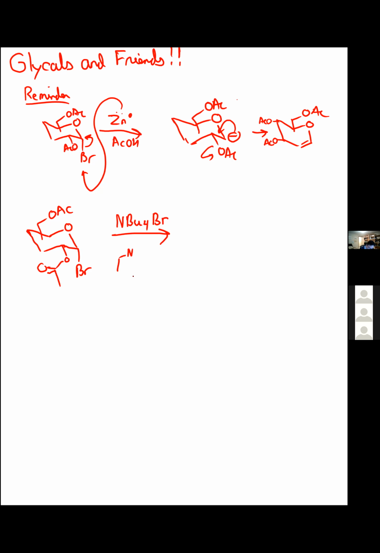A little bit of collidine, and ethanol. One equivalent, catalytic, solvent.